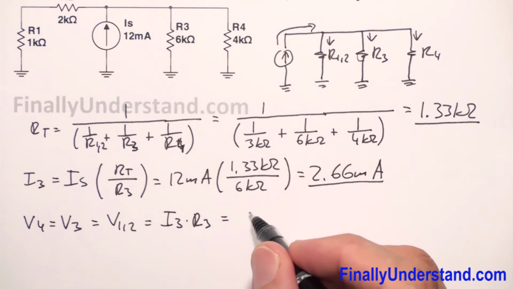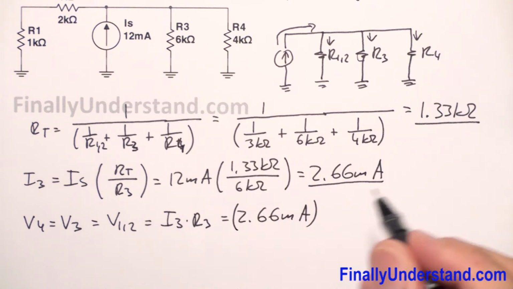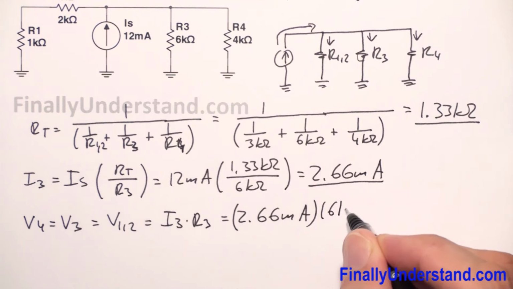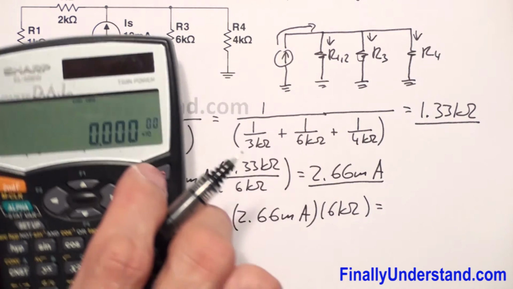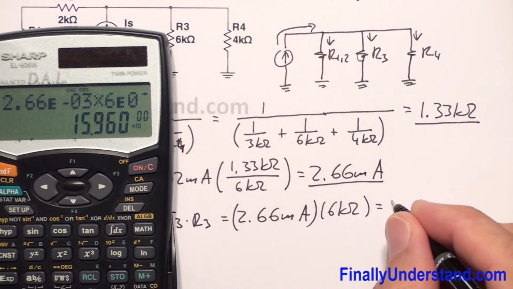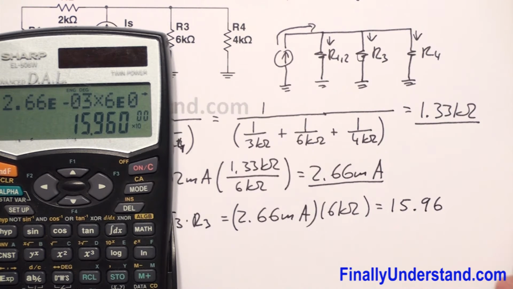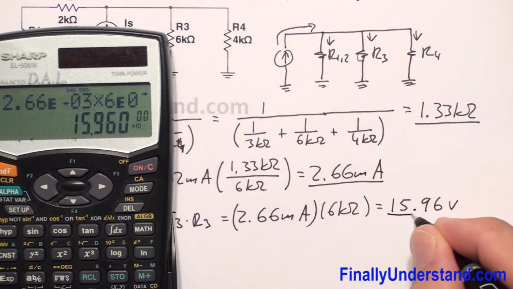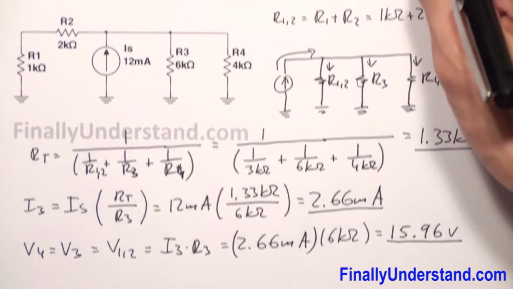So I3 is equal to 2.66 milliamps times R3, which is 6 kilo ohms. This is equal to 2.66 times 10^-3 times 6 times 10^3 equals 15.96 volts. Okay, so this is my voltage V4.